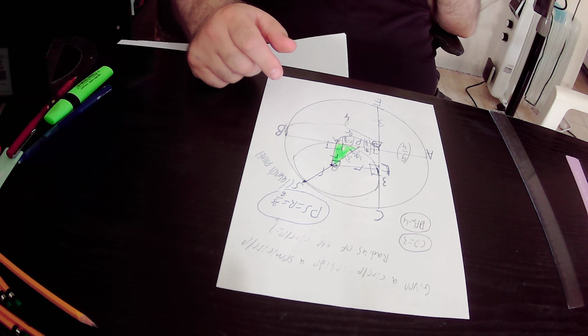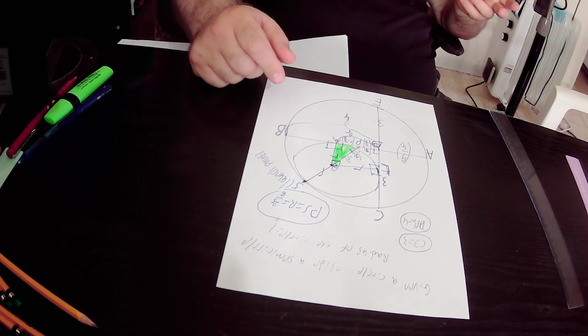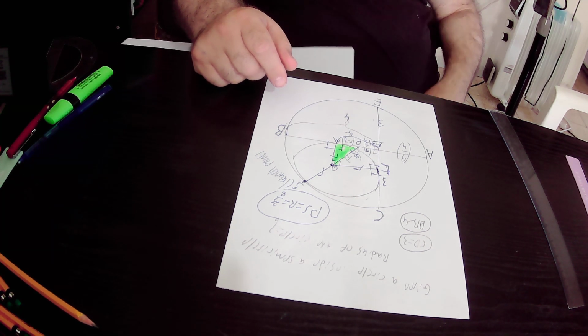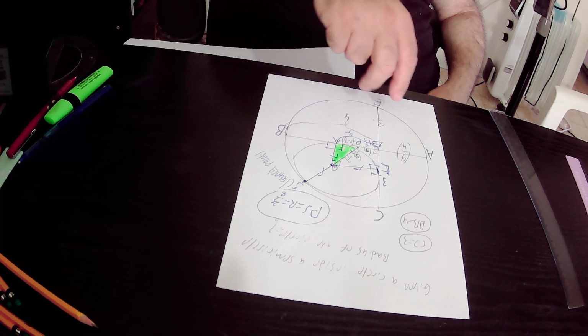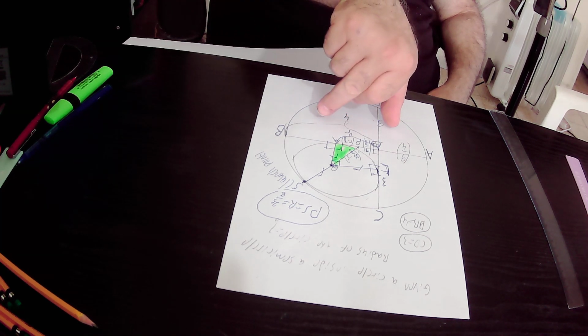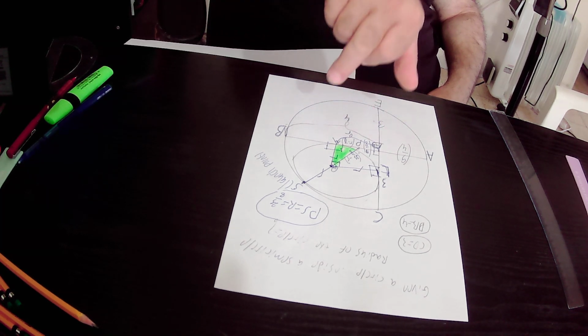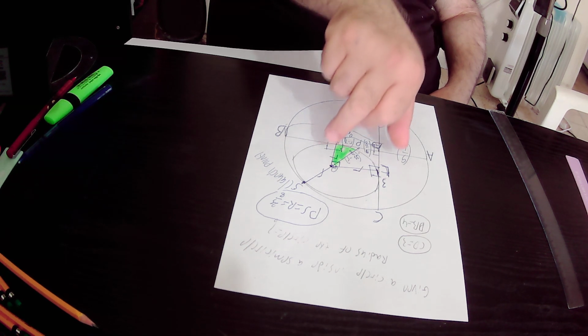Every circle has 2 semicircles, and one semicircle is the mirror image of the other semicircle. In this case, we created the second semicircle, and this second semicircle is a mirror image of the original semicircle.